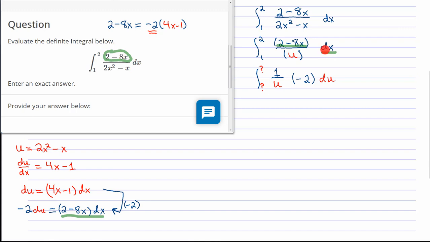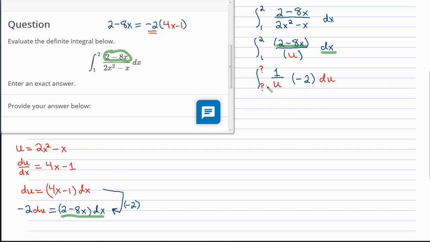1 and 2 are values for x, because they were part of the integral when we were integrating with respect to x. But now we've changed to integrating with respect to u. And so 1 and 2 are x values. They're not u values. So it would be wrong to put a 2 and a 1 there.